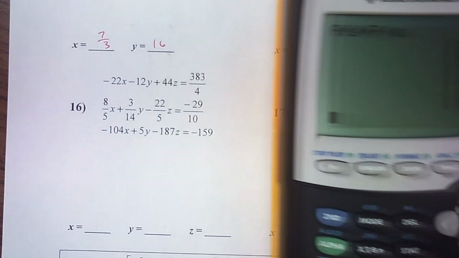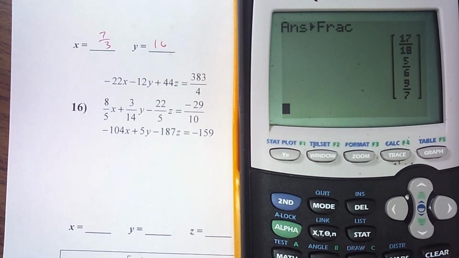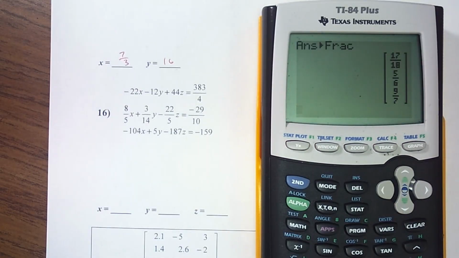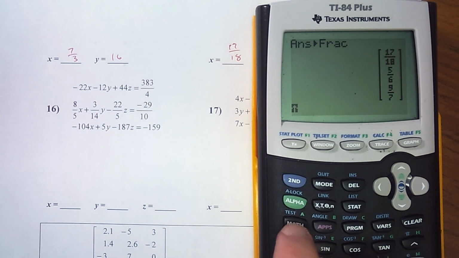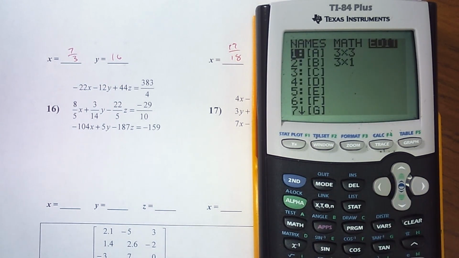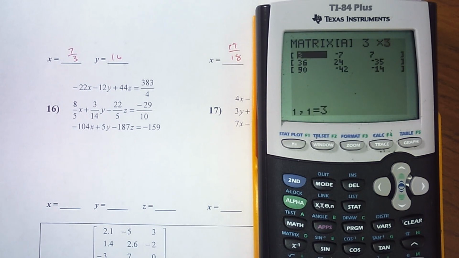Okay, then another 3 by 3. So I've zoomed out a little so you can see this a little bit better without me moving the calculator around. So I've got second matrix 1. We're going to edit matrix 1. We'll keep it as a 3 by 3, negative 22, negative 12, 44, 8/5, 3/14, negative 22/5, negative 104, 5, negative 187.